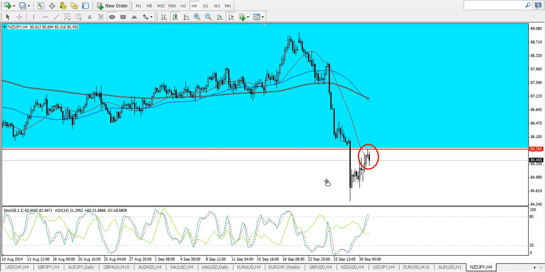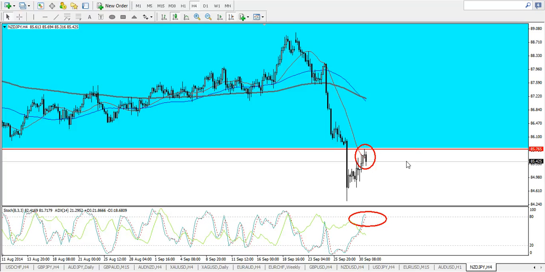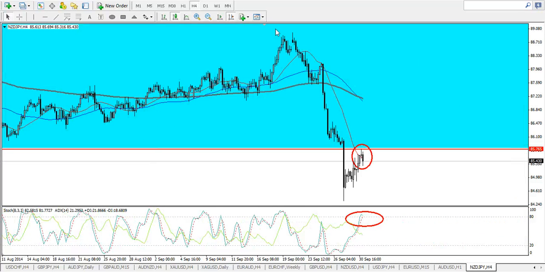At the same time, the stochastic has suggested oversold as well. So I will say that this is a chance for price to fall even lower. You might want to take a short opportunity over here when you see a confirmation trade setup, and just set a stop loss about 40 to 50 pips above, and that would be pretty safe.